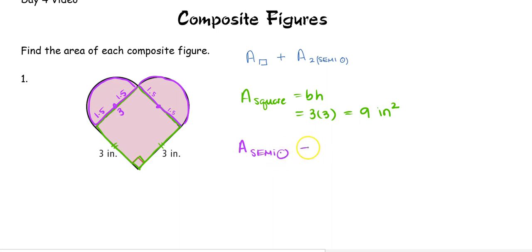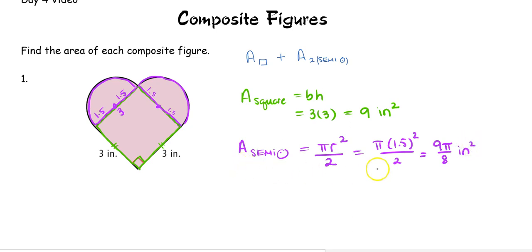So the area of a circle is pi r squared. A semicircle is half of the circle. So we're going to take that pi r squared and divide it by 2. We already discussed in the diagram that our radius is going to be 1.5. We square that 1.5, divide by 2, and we get 9 pi over 8 inches squared.